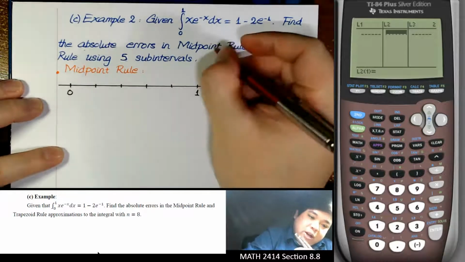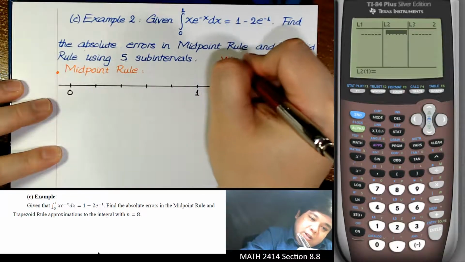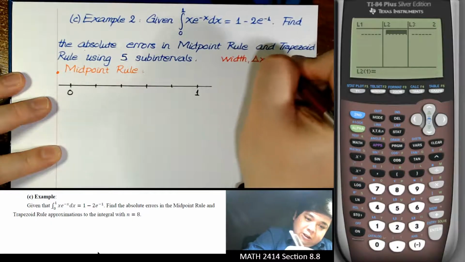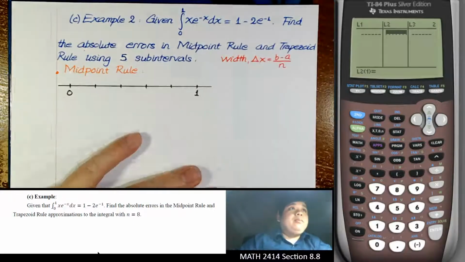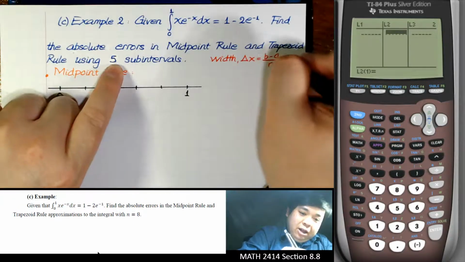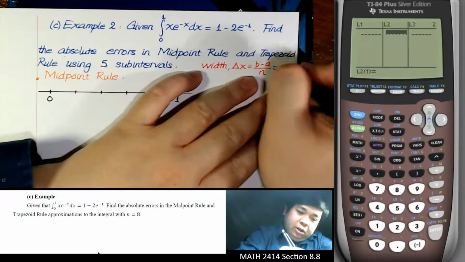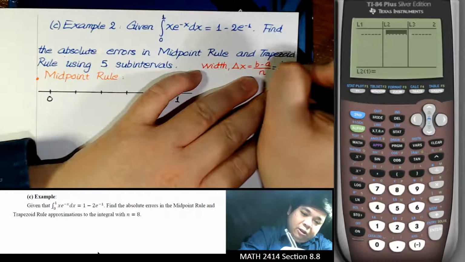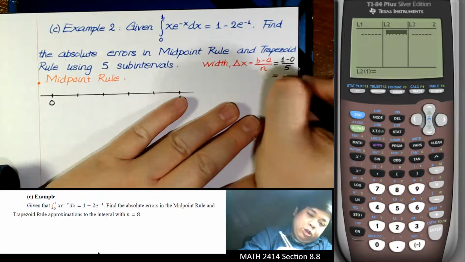As always, calculate the width first. For both of those problems, we have the same width because of the same number of subintervals. 1 minus 0 divided by 5. That is 0.2.